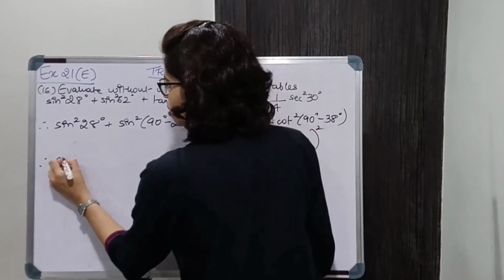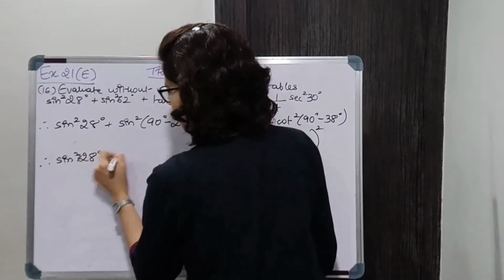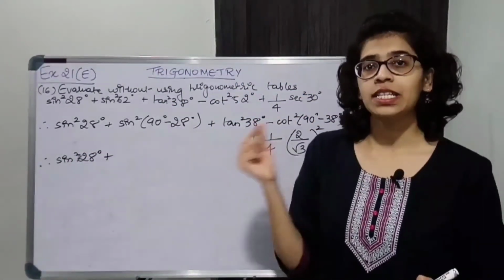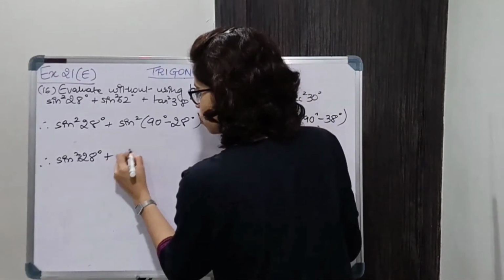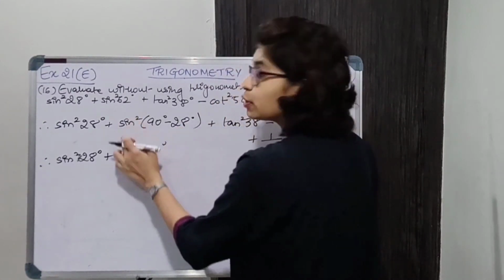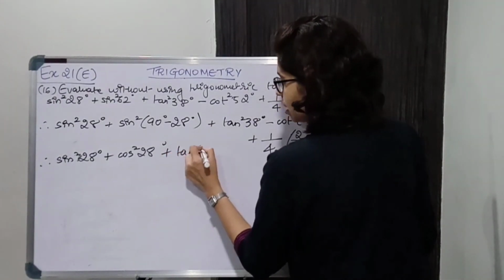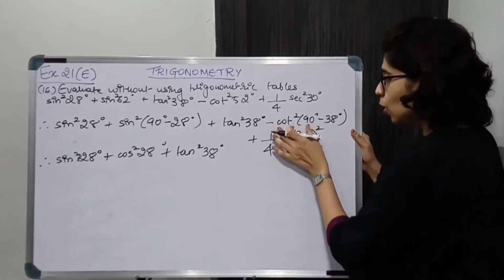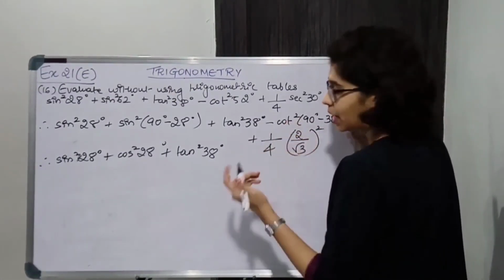Now sine square 28. Sine of a complementary angle: sine 90 minus theta is cos theta. So this will become cos square 28, and square because we have sine square over here. This tan square will remain as it is. This one, cot 90 minus theta is tan theta. We have cot square, so it will become tan square.